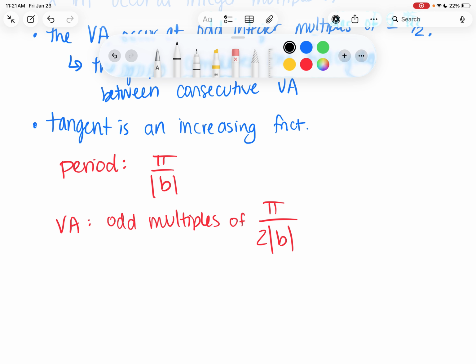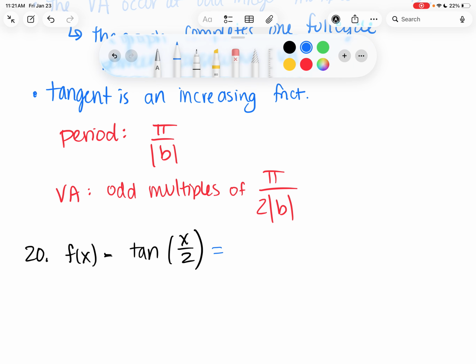And if it's been shifted, we'll do that too. But 20. We've got f of x is equal to the tangent of x over 2. So this is the same thing as saying the tangent of 1/2 x, so that you can see the b value.